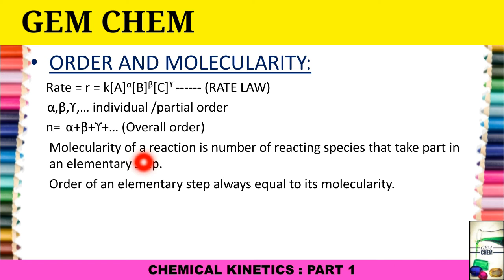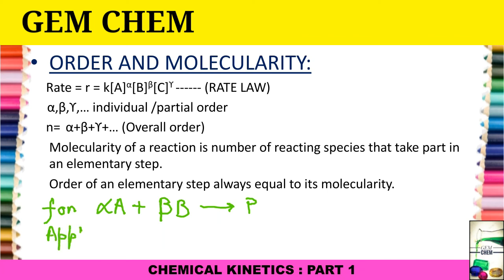And for the order of an elementary step, suppose we are considering the order of one particular step, then order and molecularity are equal; otherwise they are different, right, for the whole reaction. So the order of an elementary step is always equal to molecularity, and we will see an example. Now if we take, for example, this reaction, alpha A, where alpha is the stoichiometric number, plus beta B gives P. Now we are applying the law of mass action, from which we can get the rate law.